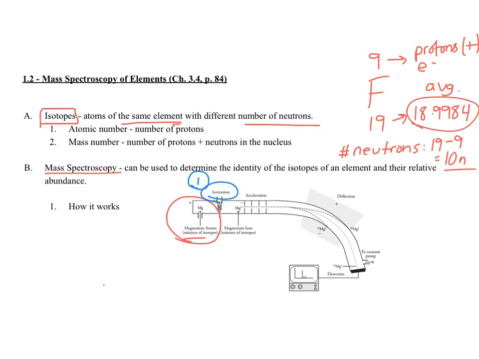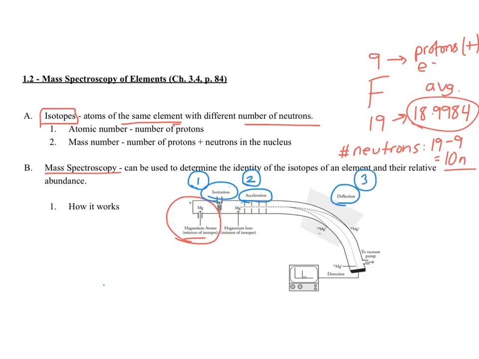In order to do that, they lose electrons, they become positively charged. And then step number 2 is there's a section where it takes those magnesium ions and accelerates them towards this area right here. So step number 3 is deflection.